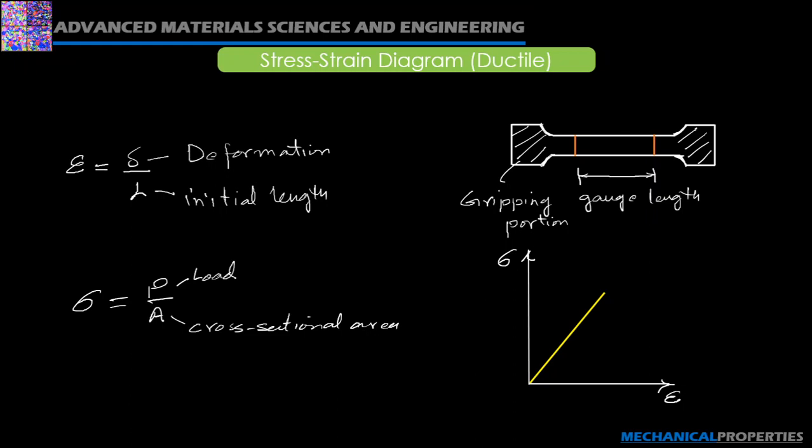We already know that strength is the maximum value of the stress which a material can withstand. Every material has its own value of strength and it is fixed for that particular material, and we can define it as the ultimate tensile strength.